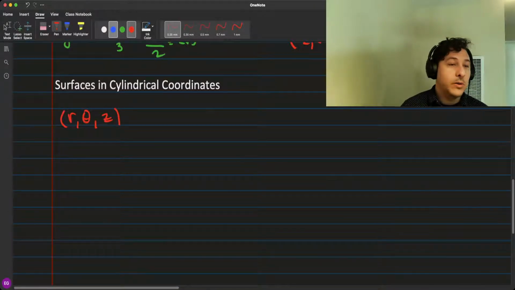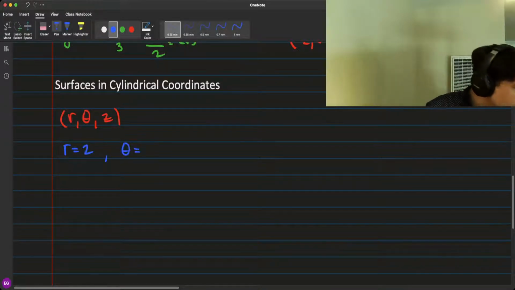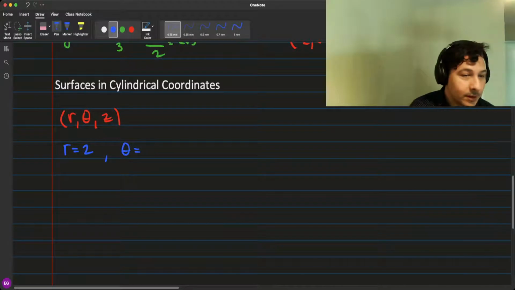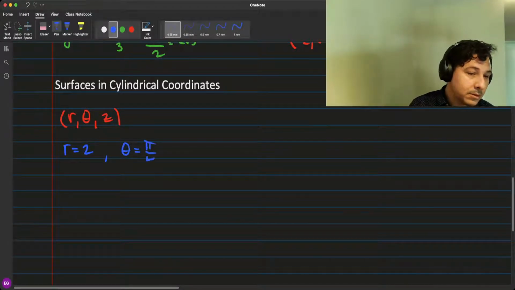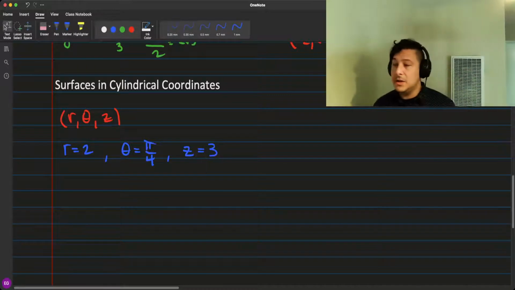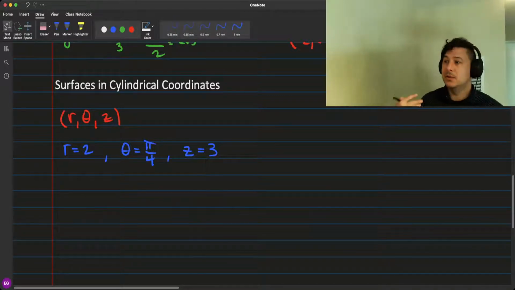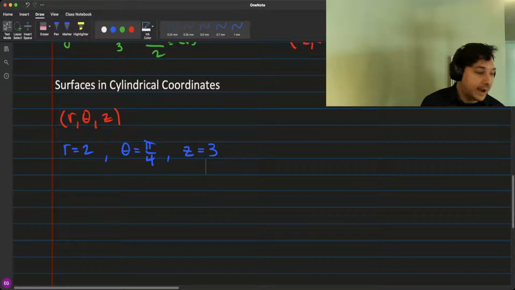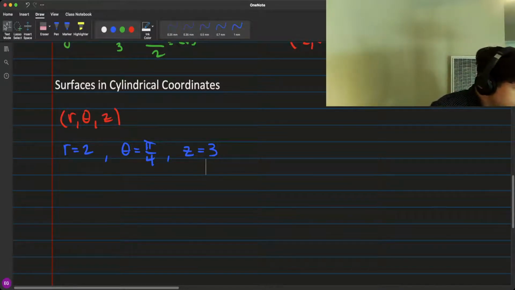So your equations might look something like r equals 2, or theta equals, let's just make up a number here, pi over 4, or z equals 3. So if I say an equation like that, what sort of shape do you get if you were to graph it? That's what we want to talk about.